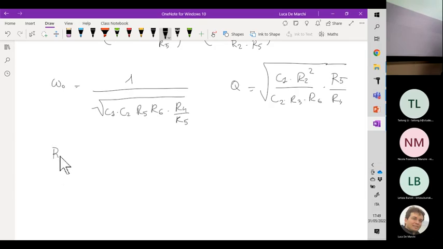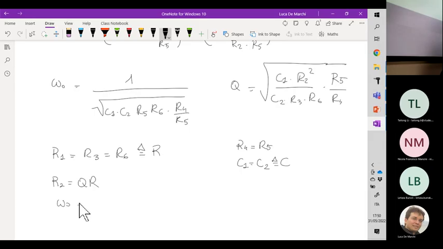So, for example, you can take R1 equal to R3 equal to R6 equal to a generic value R. Then you can keep R4 equal to R5 and C1 equal to C2 equal to a predefined value C. When this is true, then R2 must be equal to Q times R, and omega null is given by 1 over CR.